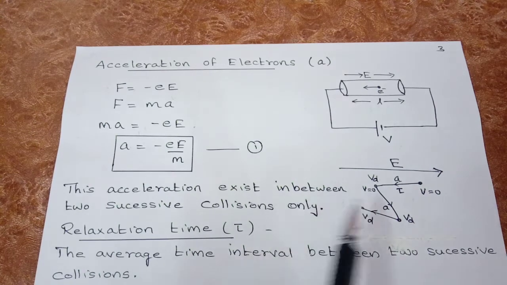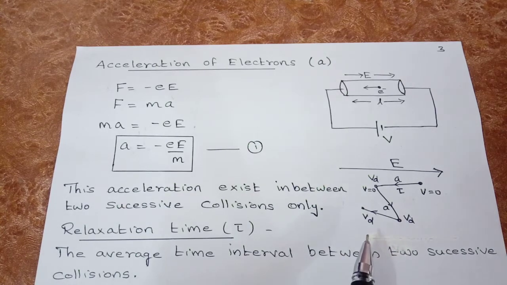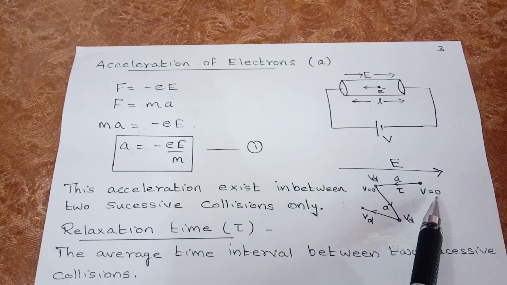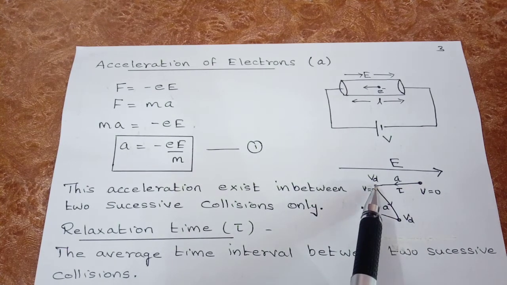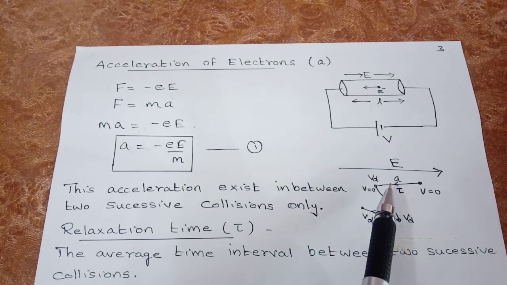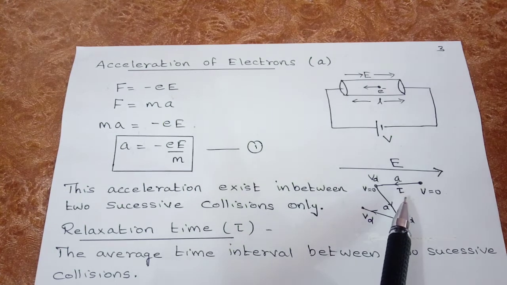Now the acceleration of electron obviously exists between two successive collisions only. So let us assume that the electron is accelerating from initial velocity 0. It is accelerating and acquires a final velocity Vd, an average final velocity, just before it suffers another collision. Now the time taken for acceleration, or average time of acceleration, is called the relaxation time.